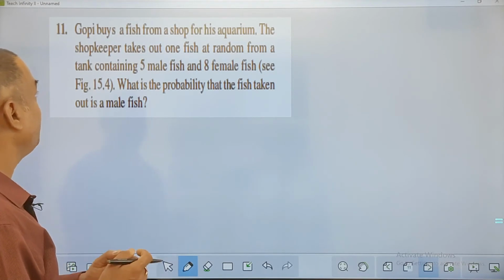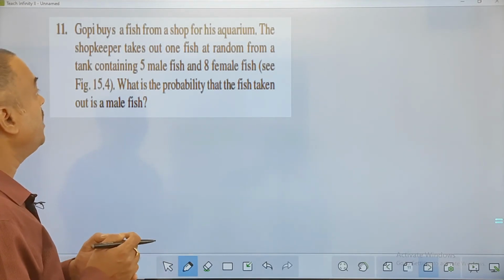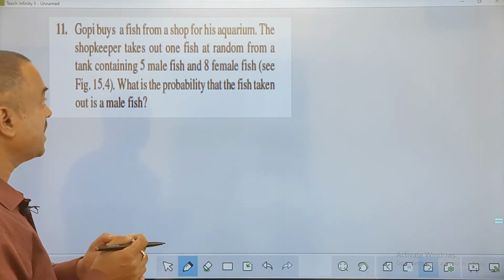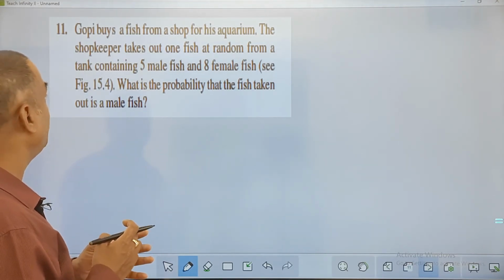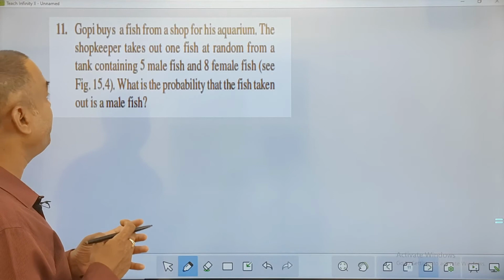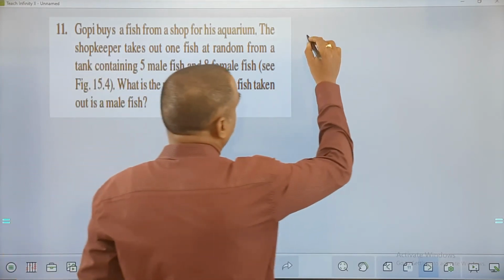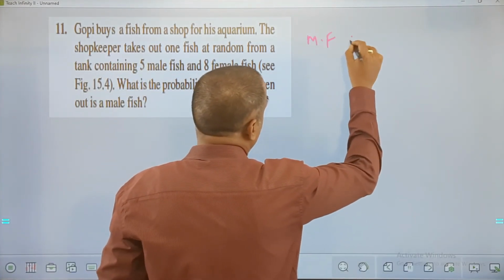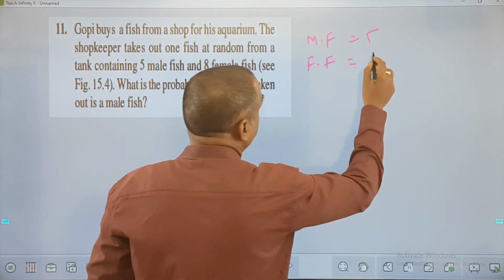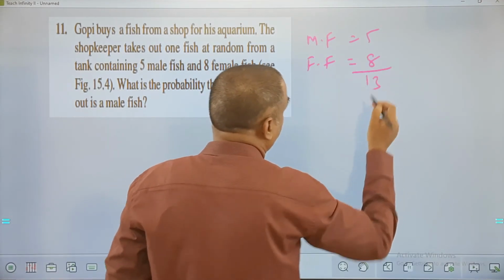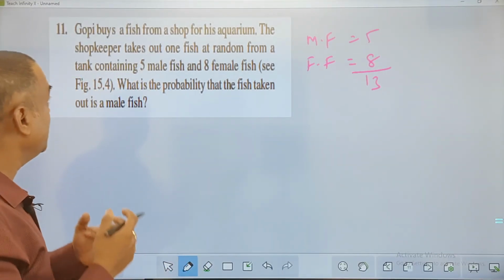Gopi buys a fish for his aquarium from a shop. The shopkeeper takes out one fish at random from the tank containing 5 male fish and 8 female fish. So the total number of fish in that tank is 13.